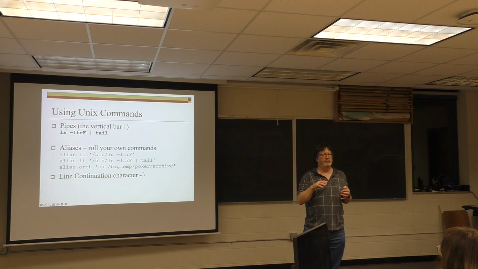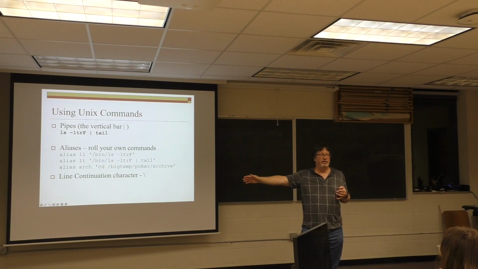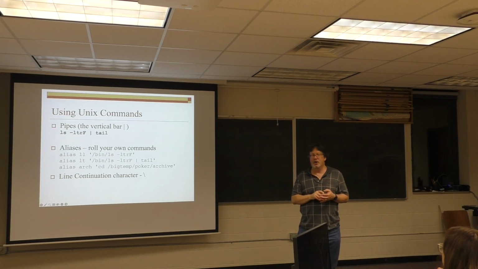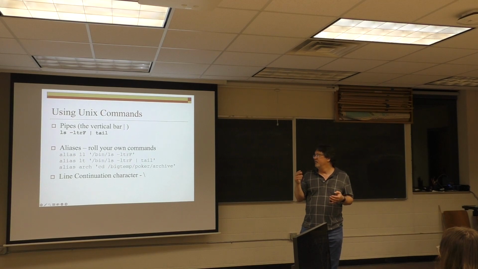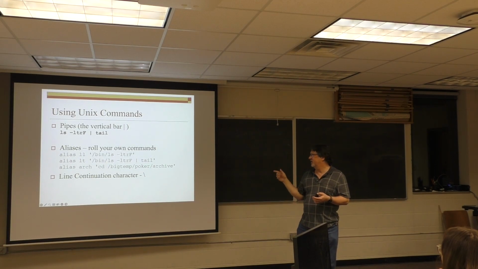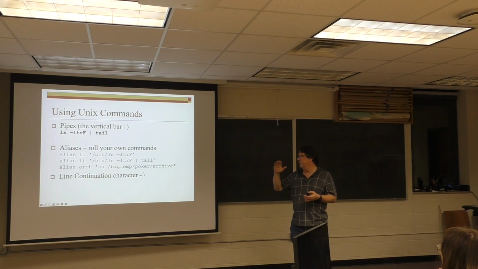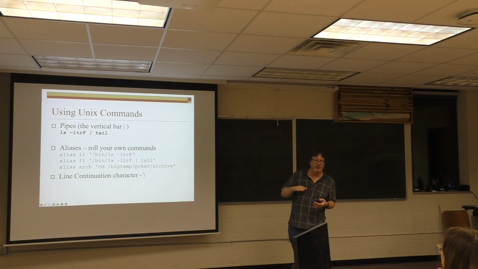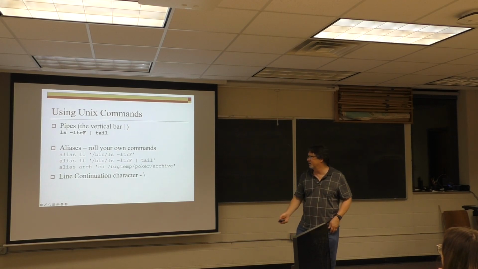If you do ls L star, it'll show you any files that start with an L and anything after. If you want to actually use a star in a file name, which I don't recommend, you could put a backslash in front of the star, and it gets rid of the meaning of everything, anything, and it actually means just a star. In this case, if you type the slash and then enter, it gets rid of the special meaning of enter, and it just moves you to the next line. That's technically how it works.